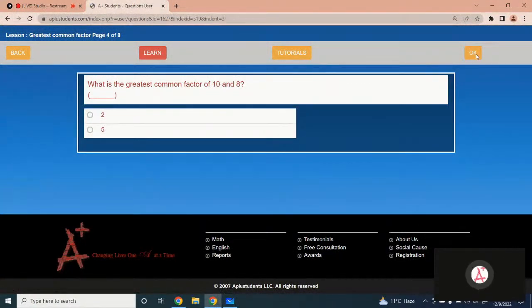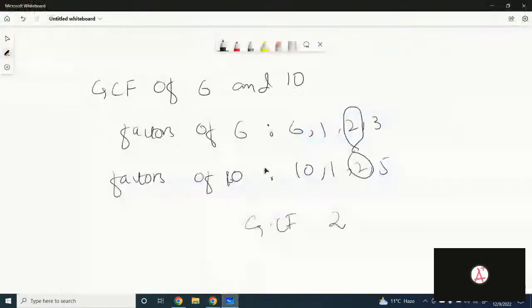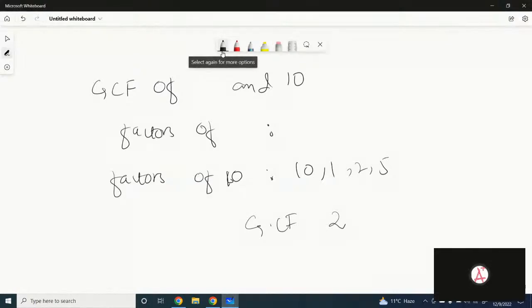The next one is the greatest common factor of 10 and 8. You have to write the factors of 10 and 8. We have already written the factors of 10. Let's just start writing the factors of 8. 1 times 8 is 8 and 2 times 4 is 8.